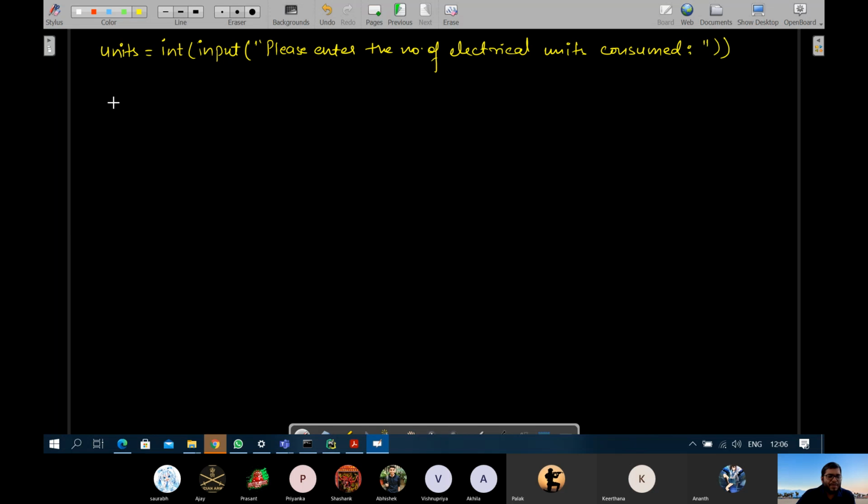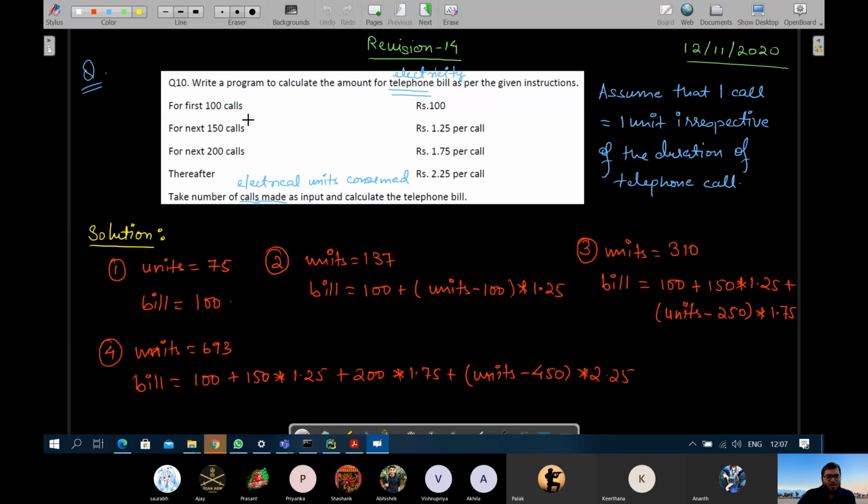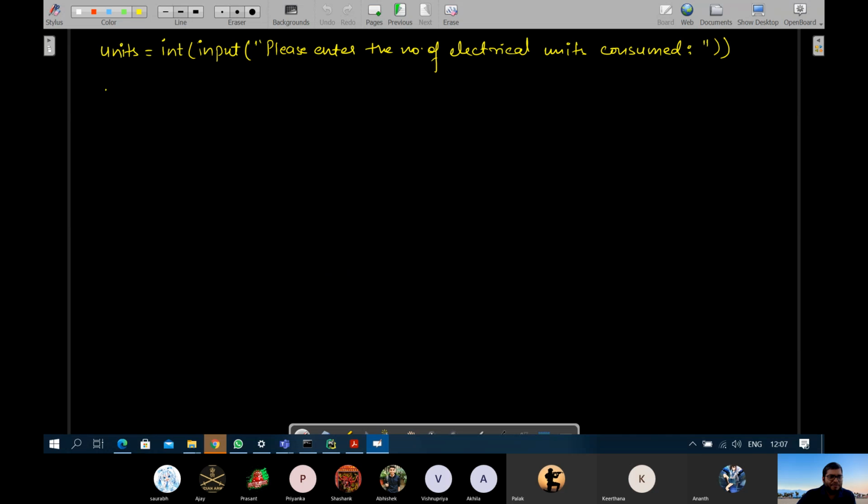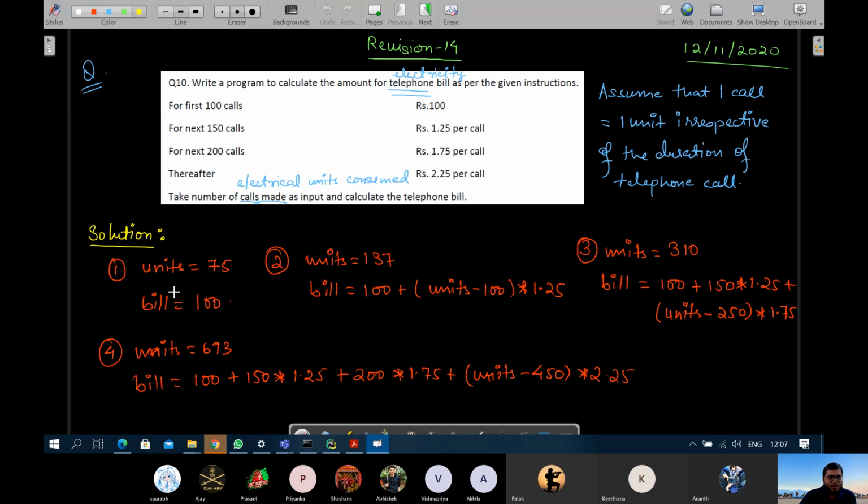Then you will check. Now there may be various cases depending on whether the number of calls is less than 100 or more than 100. So we will check like that. So what we will write is, if units, that is the number of units, is less than or equal to 100, then your bill will be 100 only, because we have seen that from 0 to 100 including both, whatever number of calls you make, you will be charged only ₹100.